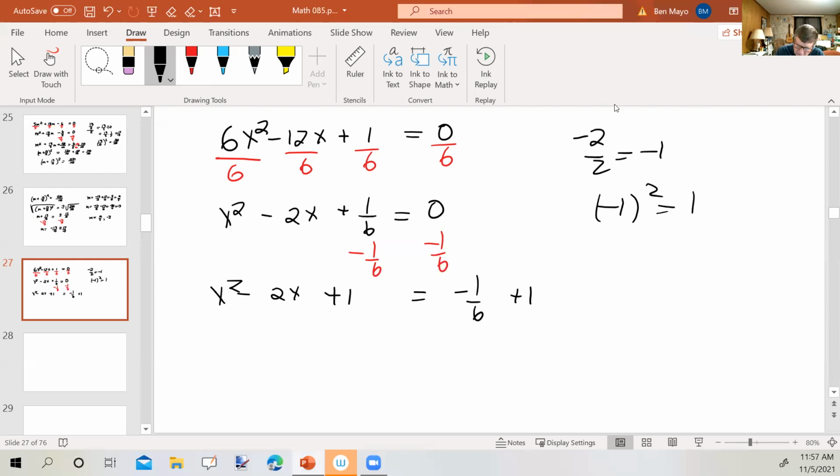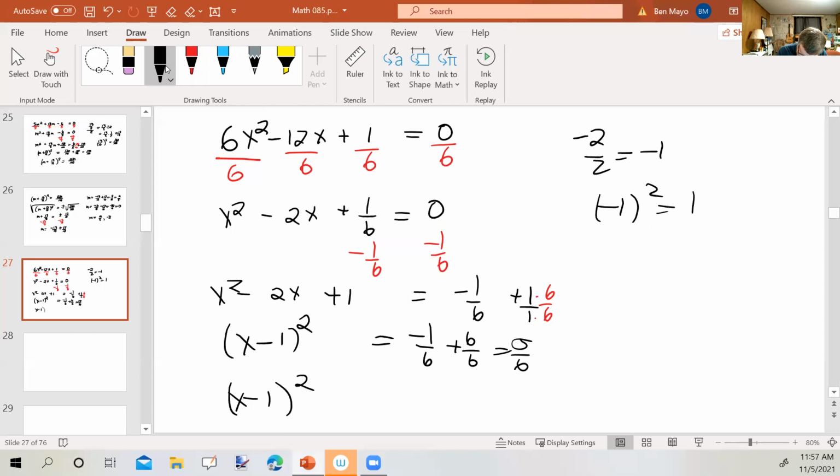At this point, on the left side I have a perfect square trinomial. On the right side, I need to clean things up. I'm going to multiply by 6/6, so I get -1/6 plus 6/6, which is 5/6. So I get x minus 1, the quantity squared, equals 5/6. So I've now completed the square.